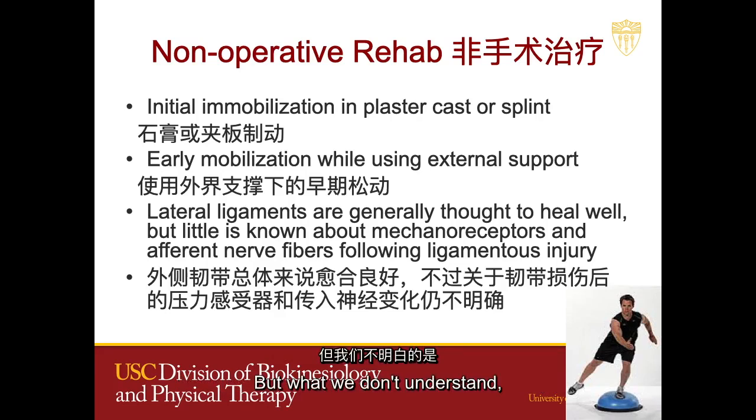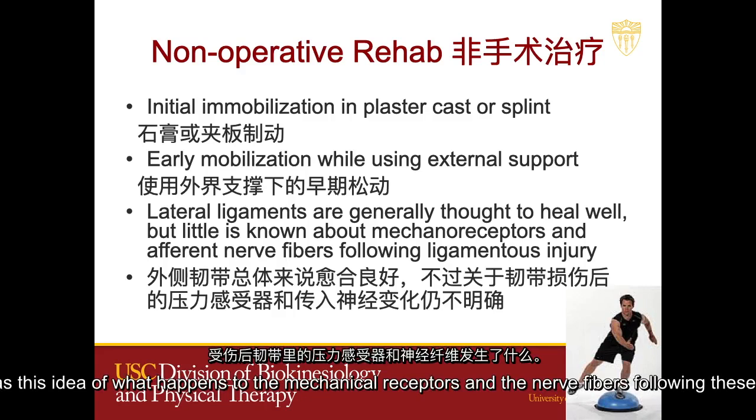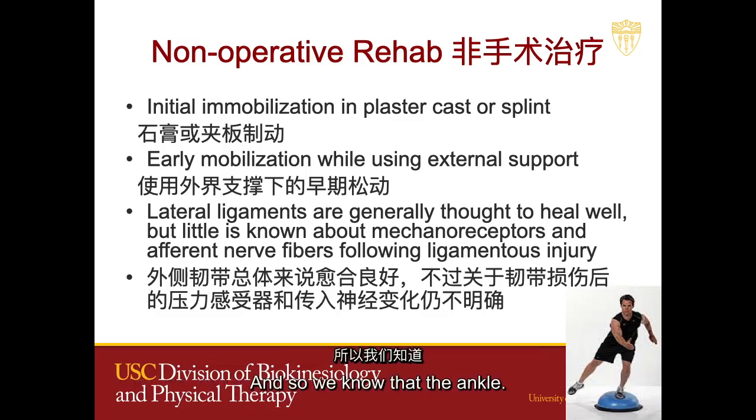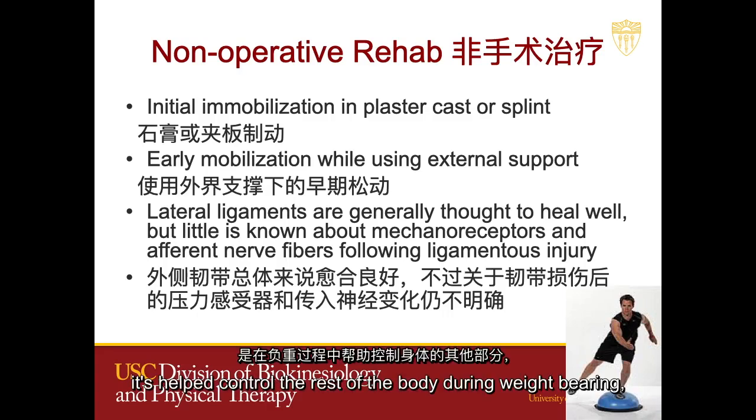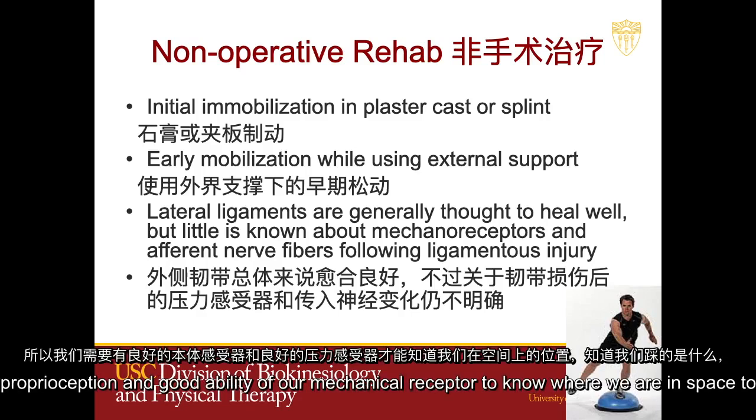But what we don't understand as well is what happens to the mechanoreceptors and the nerve fibers following these injuries. A huge amount of what the ankle does is help control the rest of the body during weight bearing. So we need good proprioception and good ability of our mechanoreceptors to know where we are in space, to know what we're stepping on, all those kinds of things.